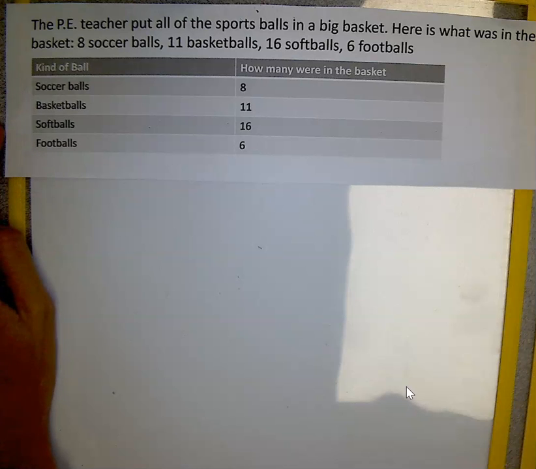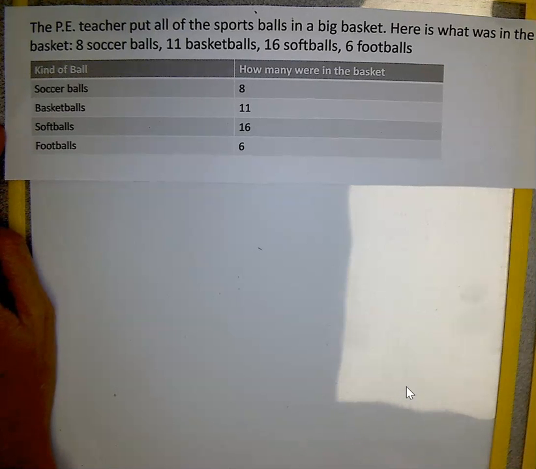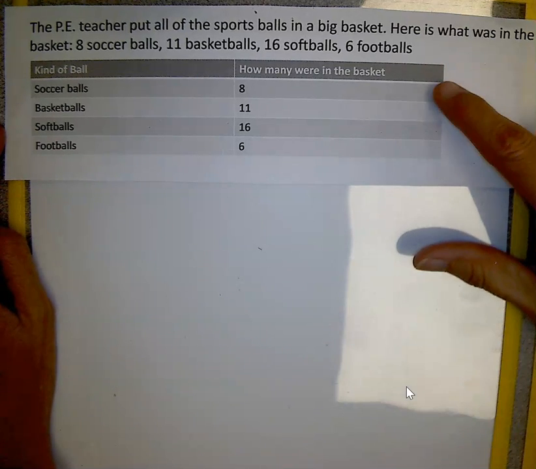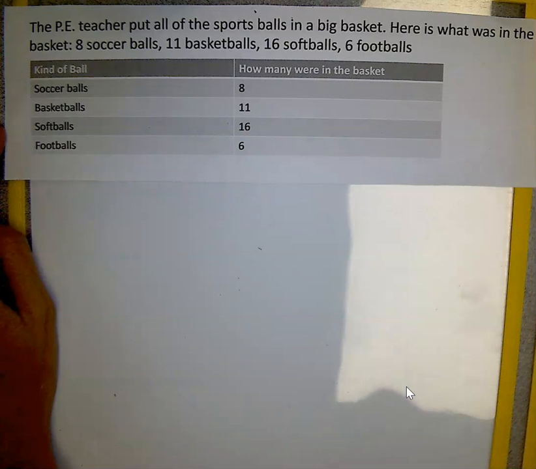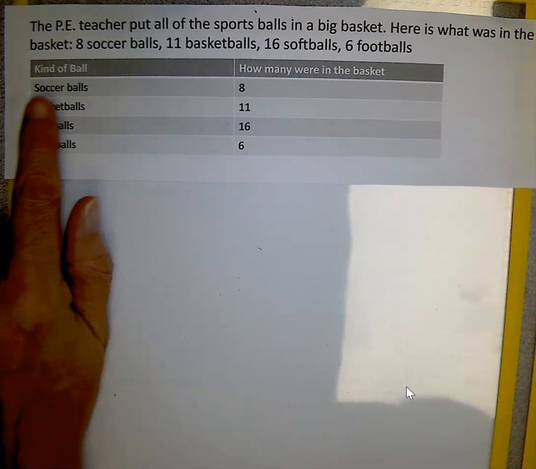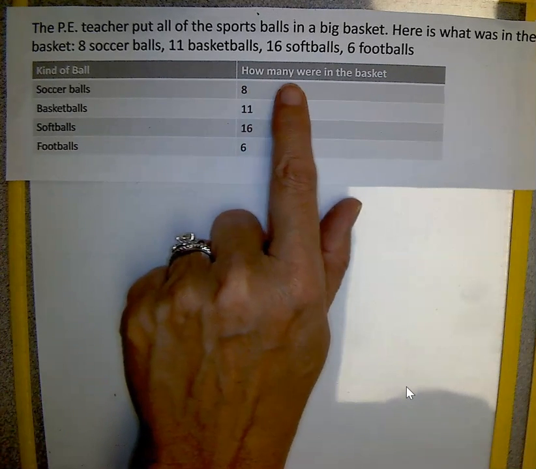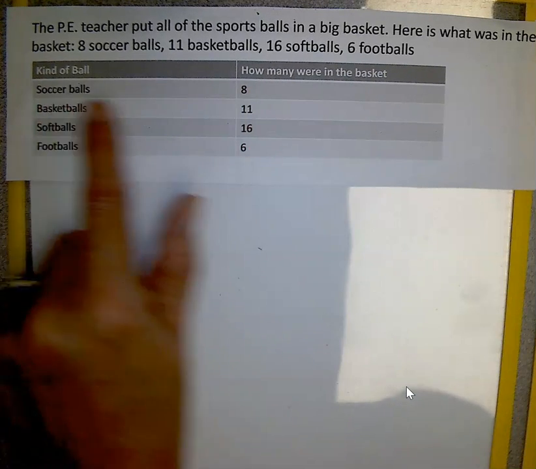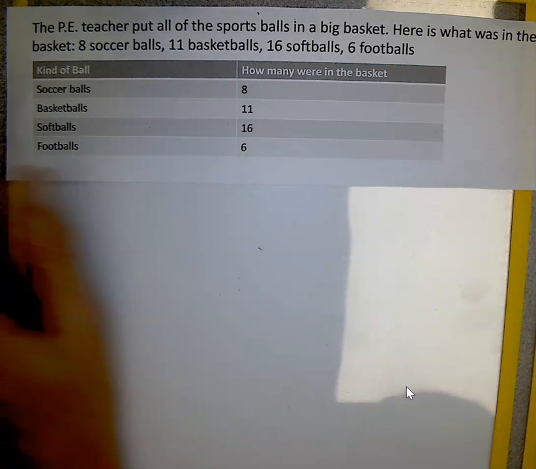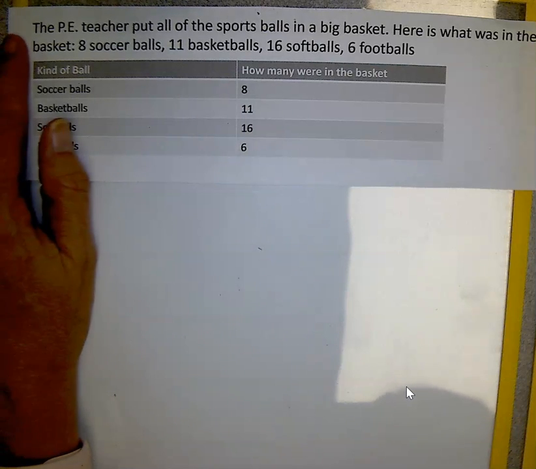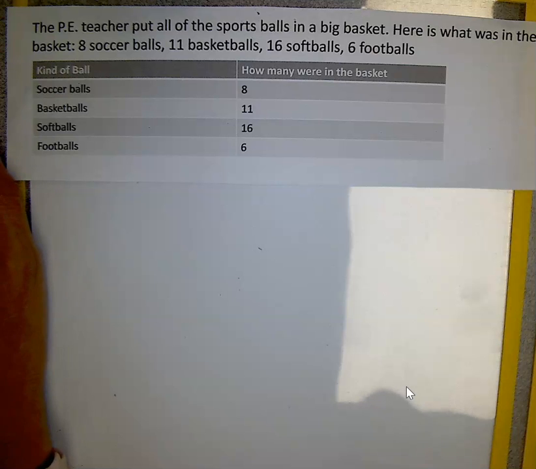Yes, there are 4 different types of balls, or different kinds of balls. And over here in this column are some numbers. So if I look across soccer balls, this tells me how many were in the basket, so I can see the number. So let's read here our problem together.